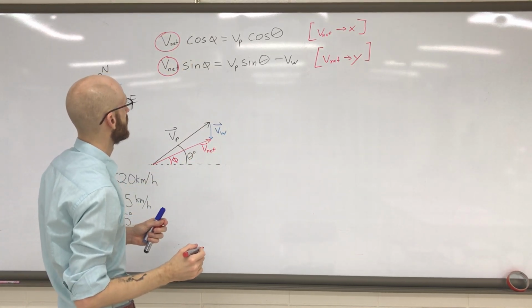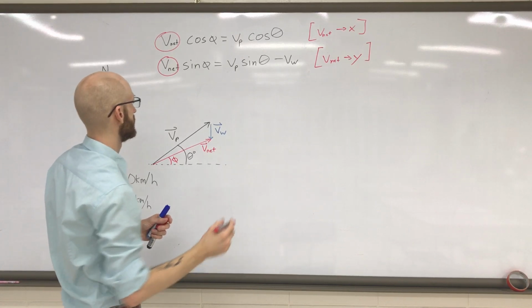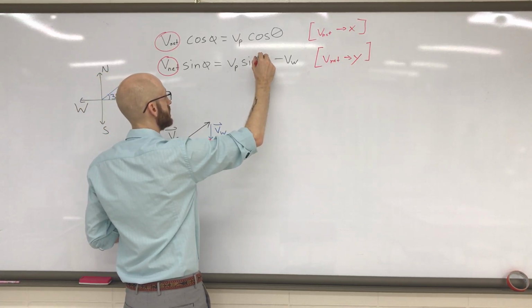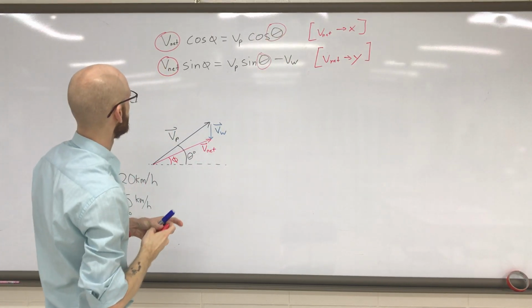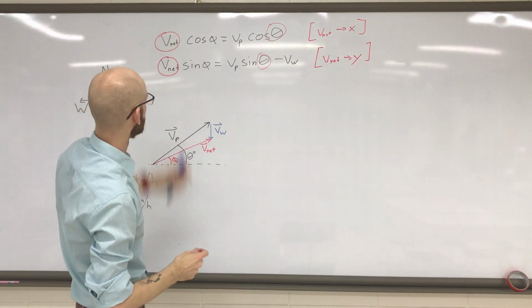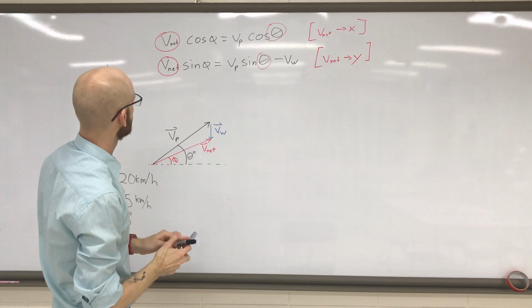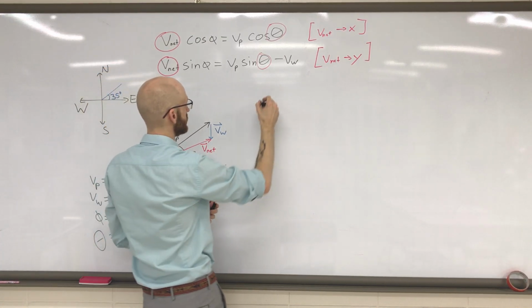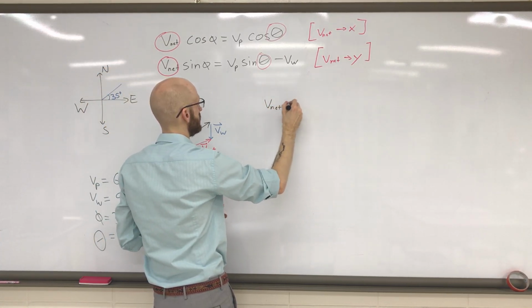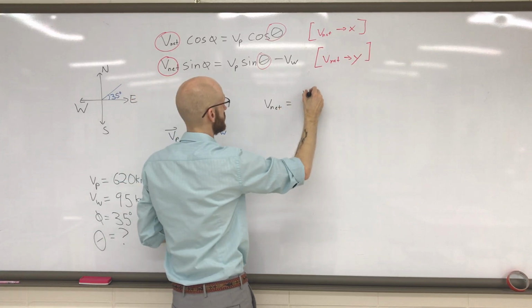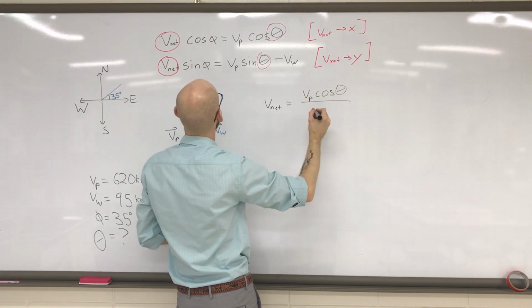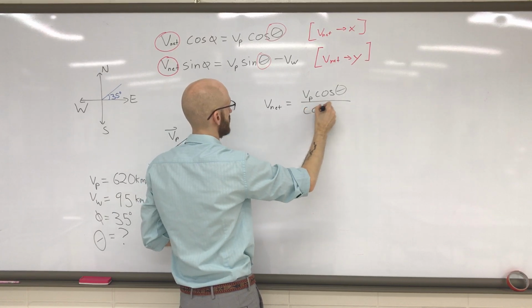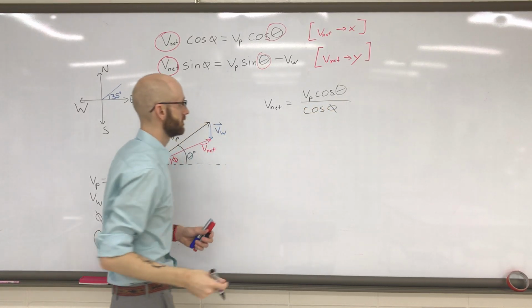And we don't know theta. So I'm going to combine these equations to eliminate v net. I'm going to take the first equation and solve it for v net. If I do that, I get v net equals vp cosine theta over cosine phi.